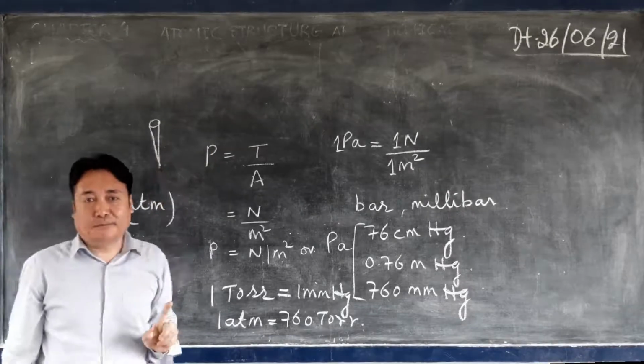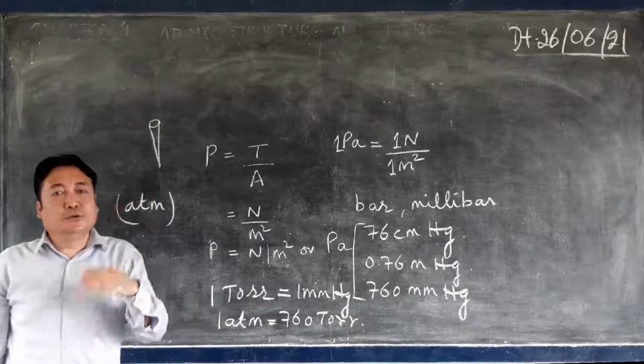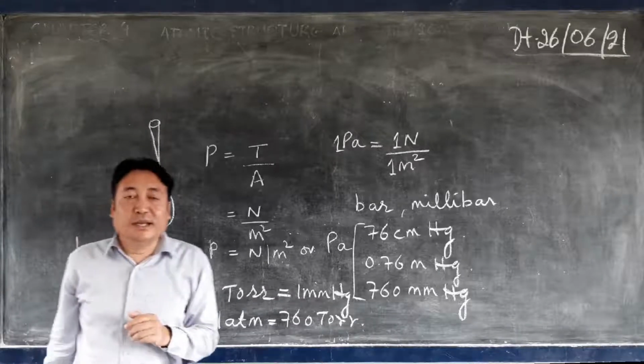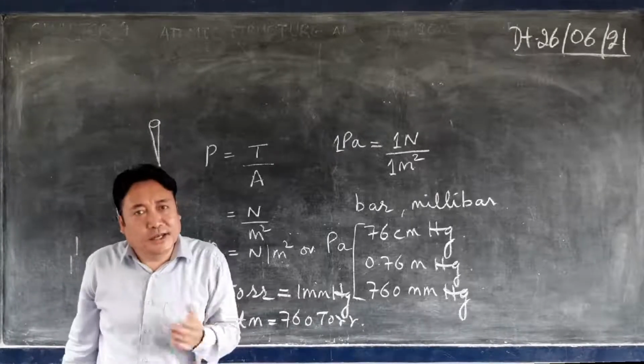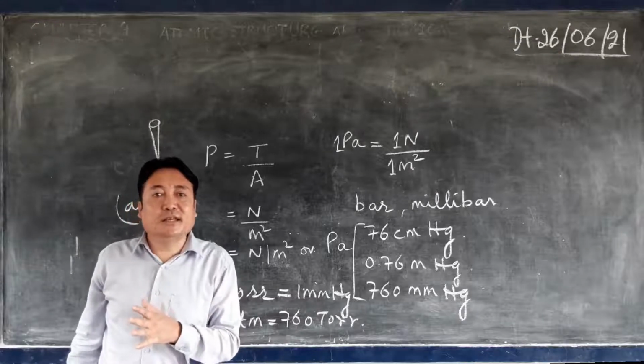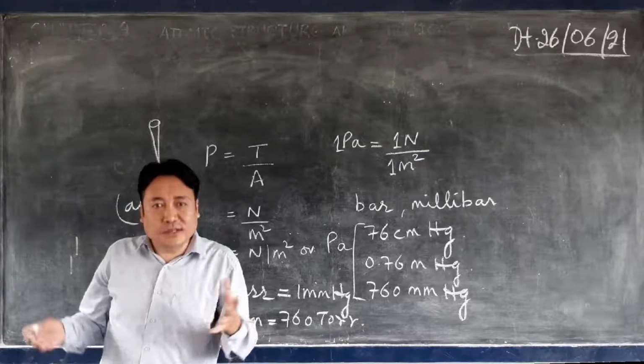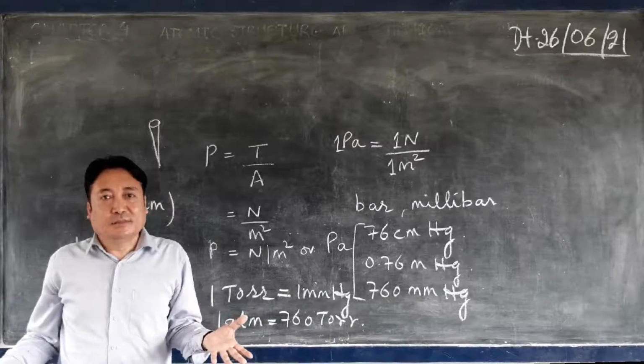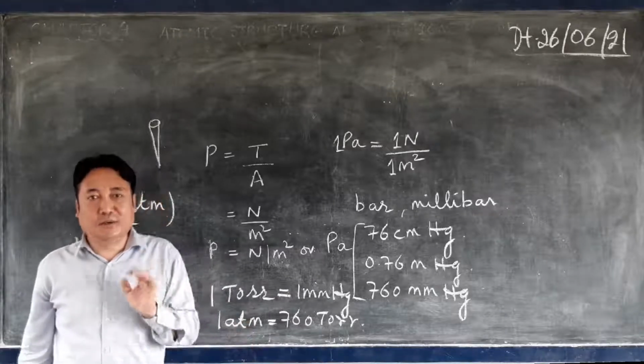The second point is to reduce the pressure. In order to reduce the pressure, you will increase the surface area. The more the surface area, the lesser will be the pressure.